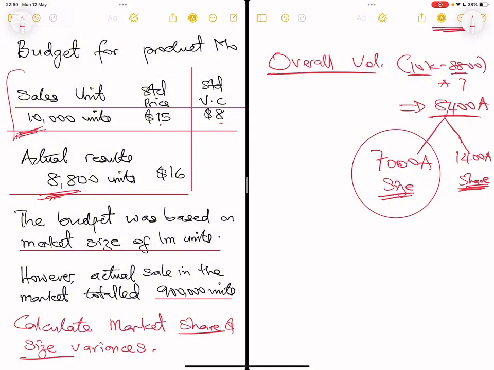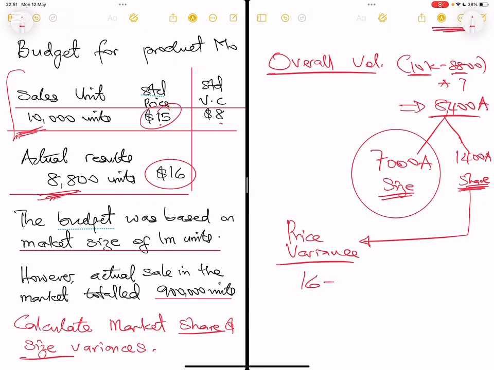We can quickly check our price variance to see what is going on, to see whether we are charging more. You can see we're supposed to be charging $15, but look at the actual. We charge $16. So this is basically due to higher price being charged, because this will definitely give us a favorable price variance, which we can quickly check. Remember, our price variance is about whether you sold at a price different from plan.